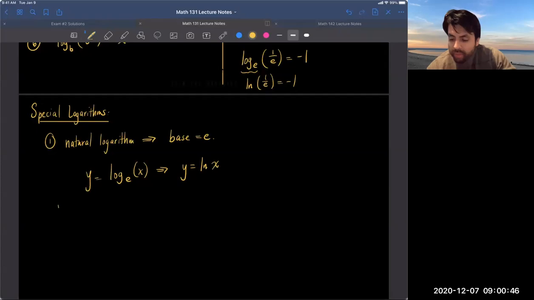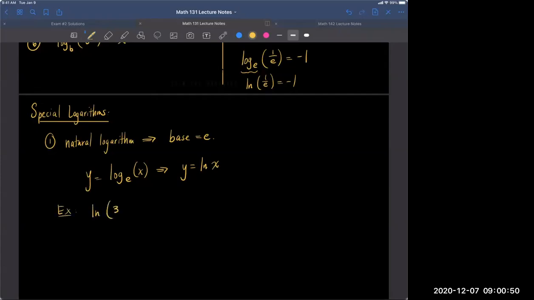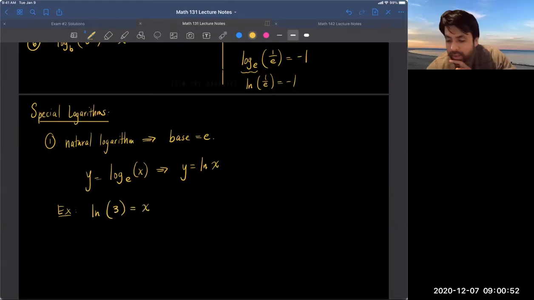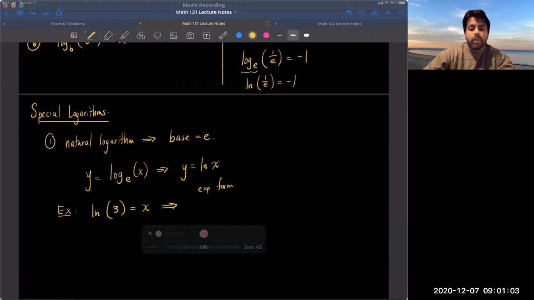Okay? So for example, if I say ln of 3 equals x, how would I rewrite this in exponential form? What would be the exponential form of ln 3 equals x?